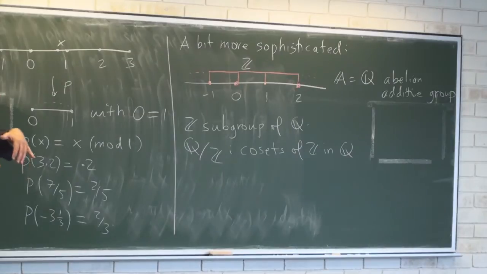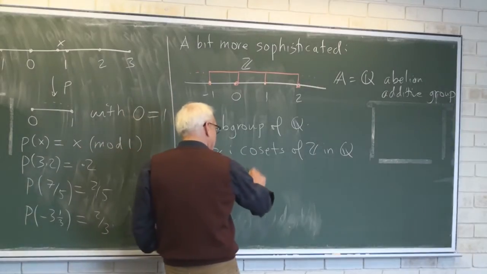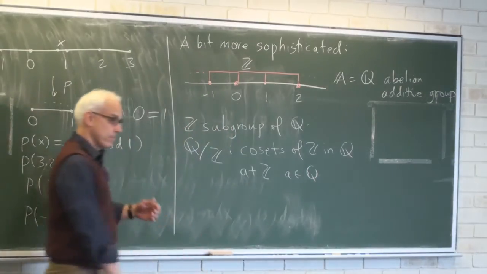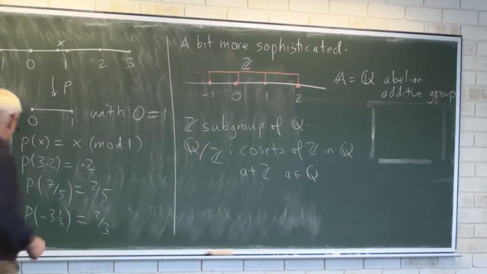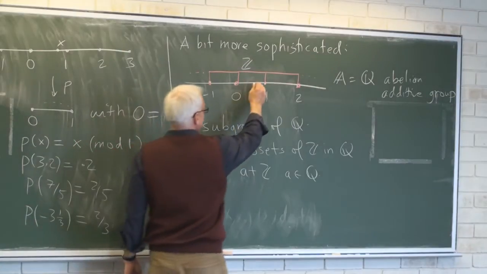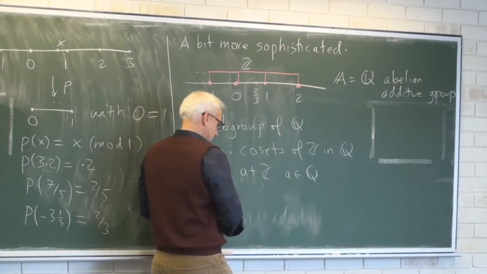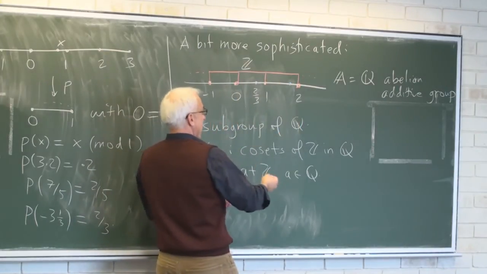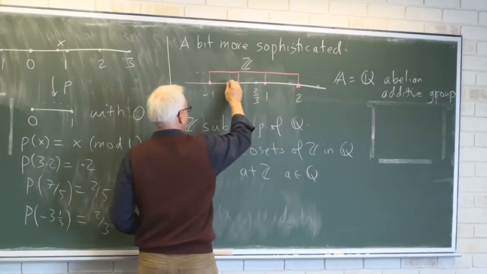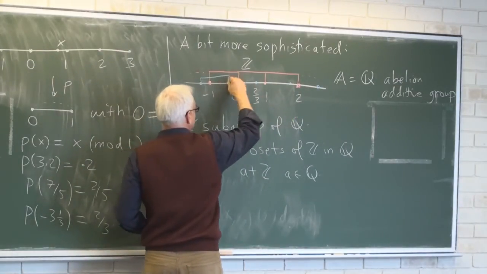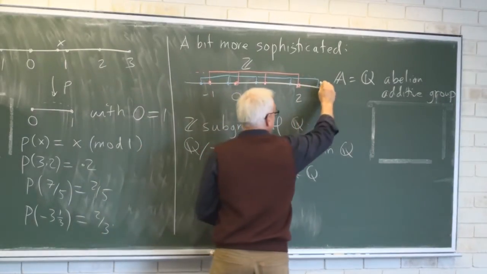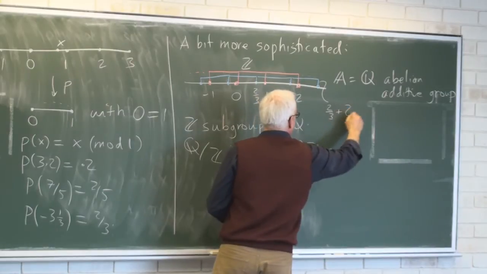Well, they just look like translates of Z. So they're things of the form a plus Z, where a is in Q. So for example, if we take an element, say 2/3, right there, then its coset consists of itself plus what you get when you add 1, what you get when you add 2, or subtract 1, or subtract 2. So we get equally spaced points like this. So in that blue, that's the coset 2/3 plus Z.